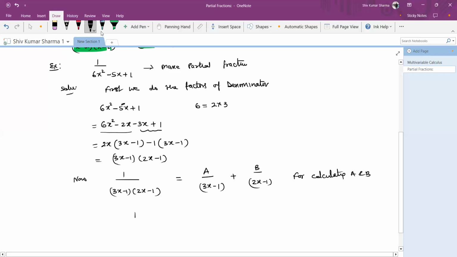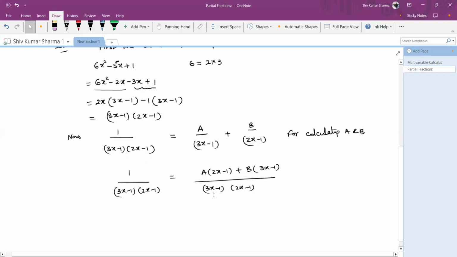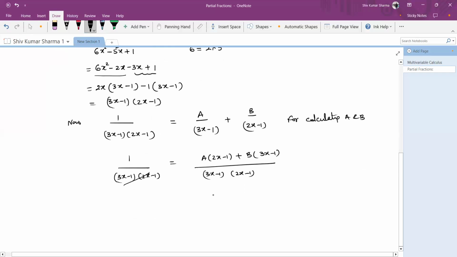So 1 upon (3x minus 1)(2x minus 1) is equal to, taking the LCM as (3x minus 1)(2x minus 1), the coefficient of a will be 2x minus 1 and the coefficient of b will be 3x minus 1. We can cancel the denominators on both sides, so we have 1 is equal to a into (2x minus 1) plus b into (3x minus 1).